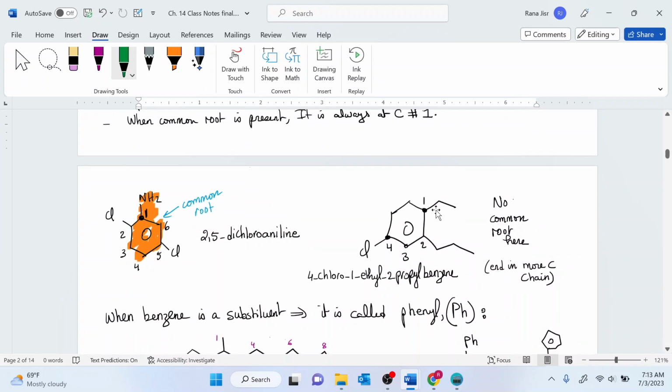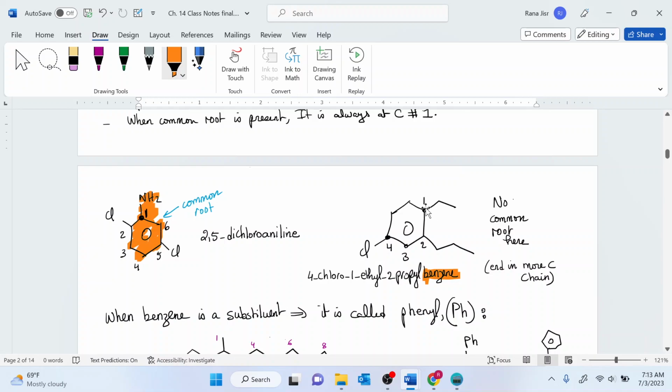If you have something like this, you don't have a common root in this case. Then your ending is going to be the benzene, just the benzene. And you list the substituents in alphabetical order and you give them the lowest number possible. This is why you always start with the substituents that are closer to each other in there, and then try the direction that gives the lowest possible number in there.